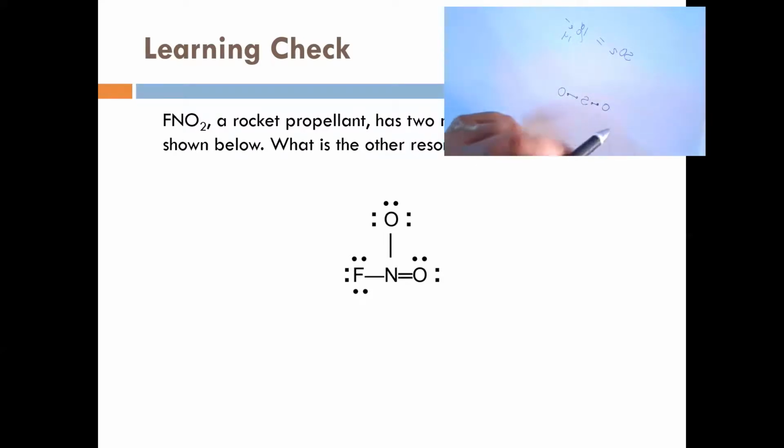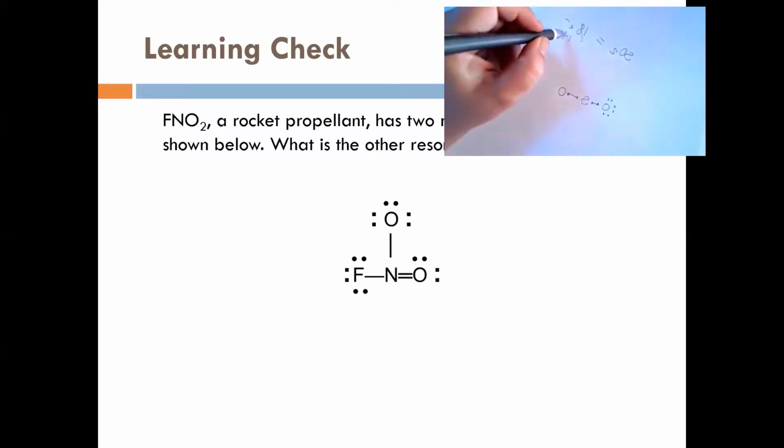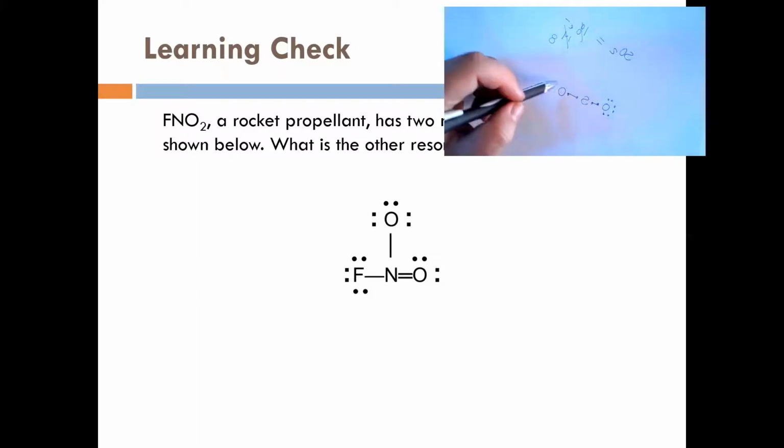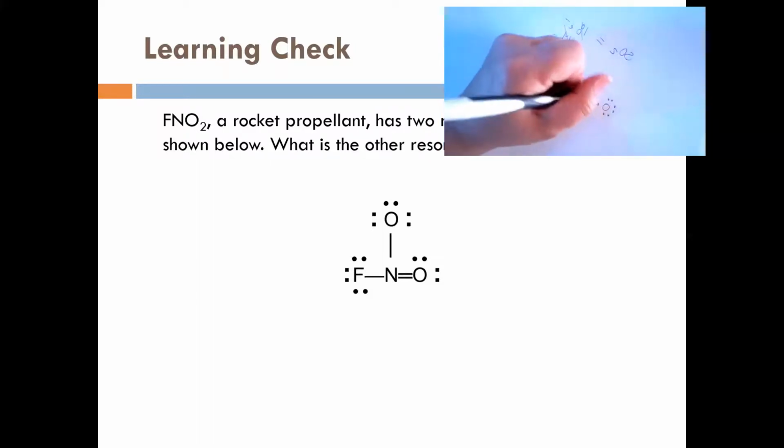So let's start over here with this one. So we'll put in 1, 2, 3, 4, 5, 6. We'll get rid of that 6, and that gives us a total number of 8 to work with. Now the problem is, if we were to just put in 8, right? I can put 6 here and 2 here.